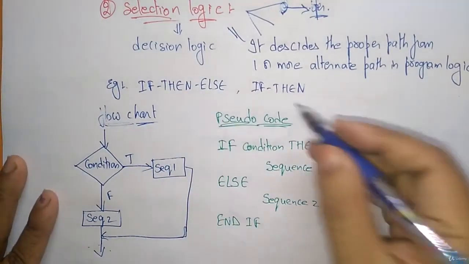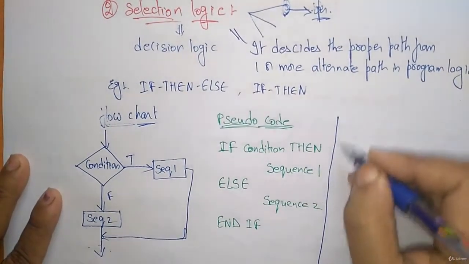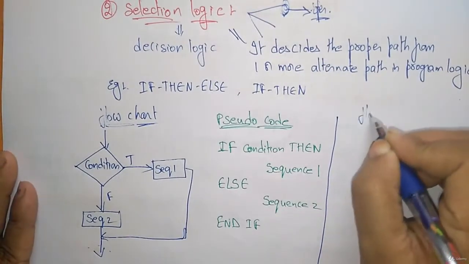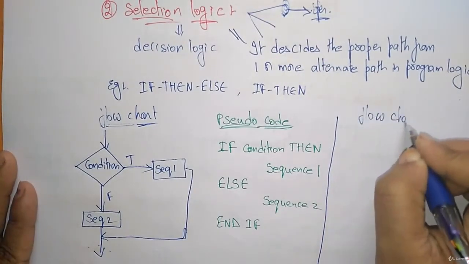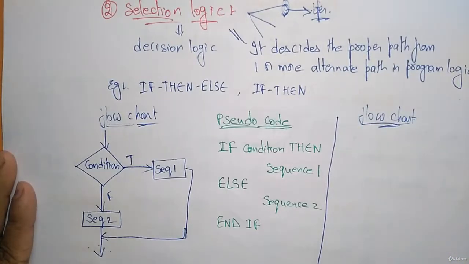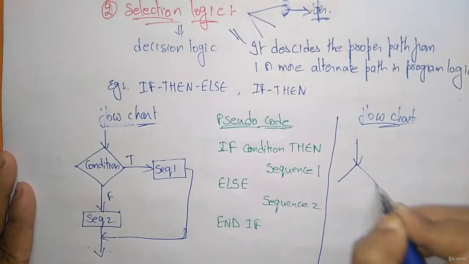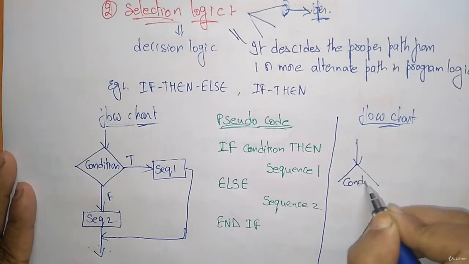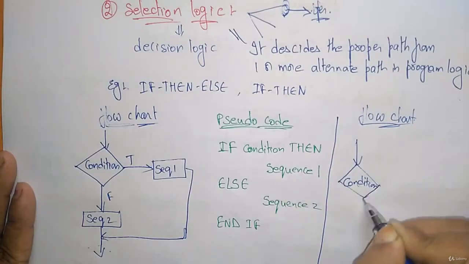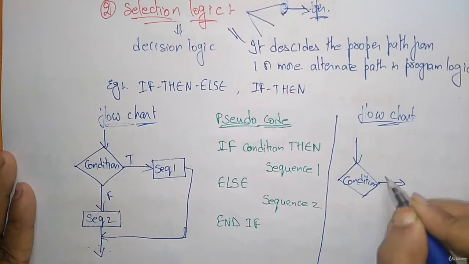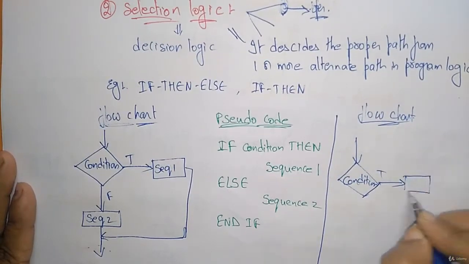So let us take if then. Coming to the flowchart, in if then, first there is the condition. If the condition is true, it takes the sequence.